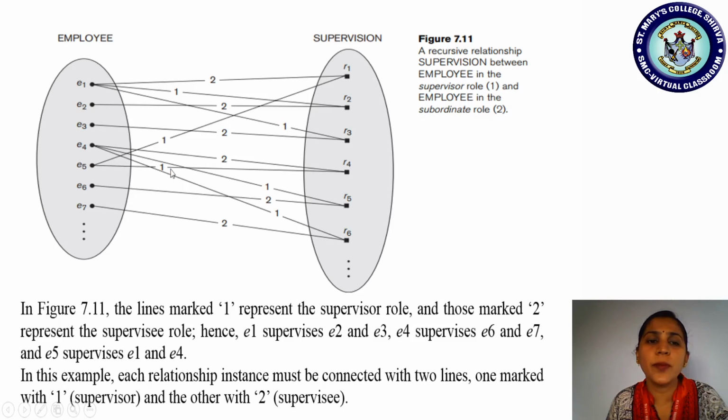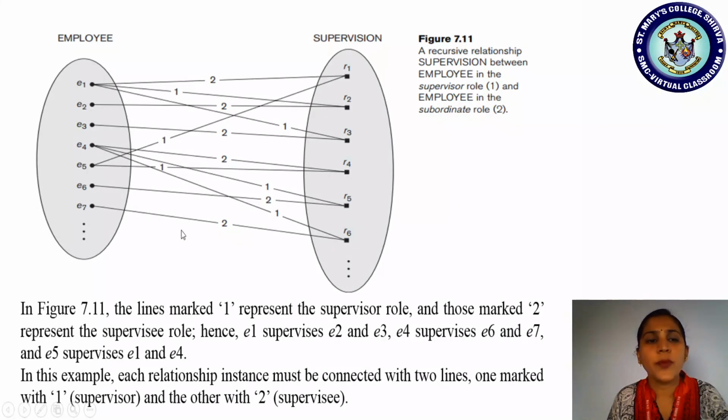Employee 5 is supervising whom? Employee 4. See, in turn, employee 4 was himself a supervisor, but this supervisor is also being supervised by some other employee. So E5 is acting in a supervisor role and supervising whom? E4. Okay. Then E6 is acting as a supervisee.